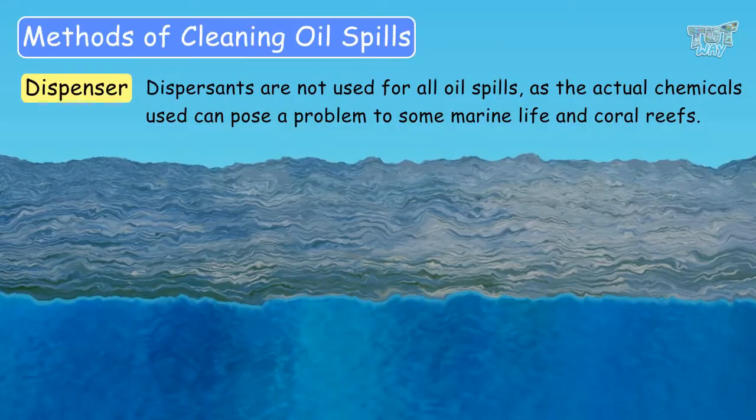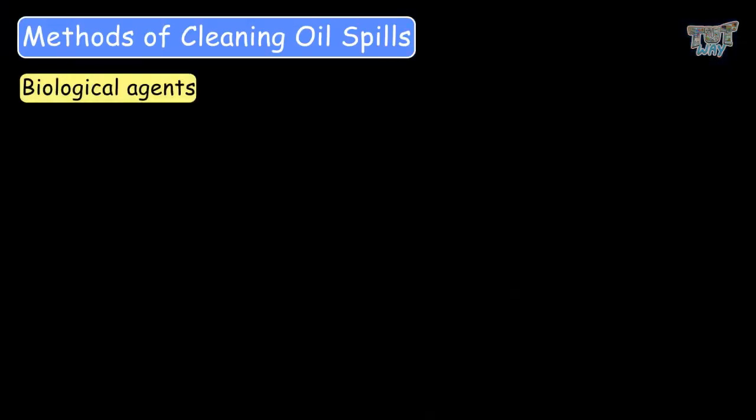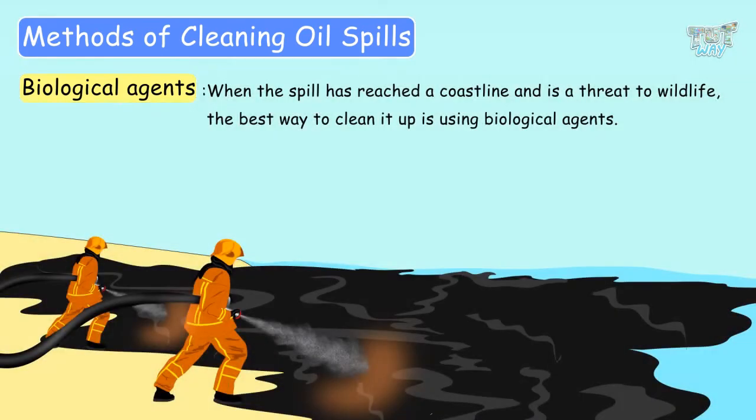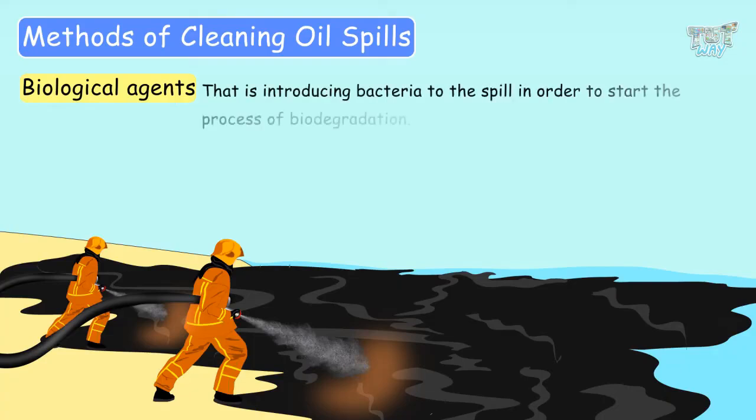Let's learn another method, using biological agents. When the oil spill has reached a coastline and is a threat to life, the best way to clean it up is using biological agents. That is, introducing bacteria to the spill in order to start the process of biodegradation.